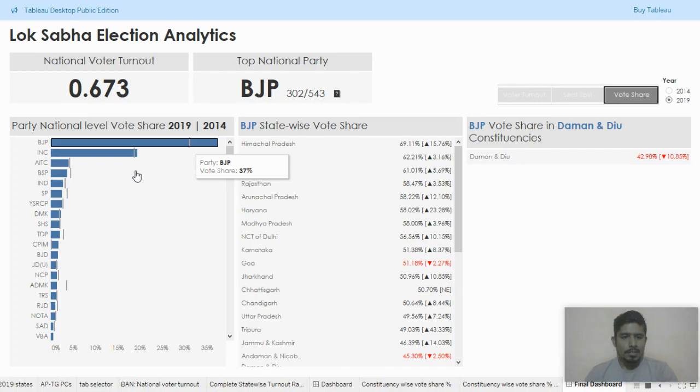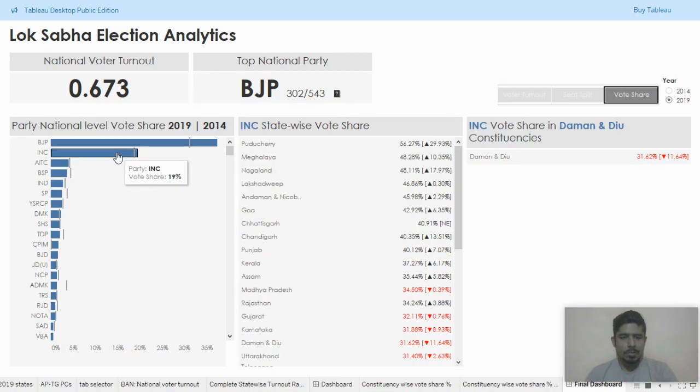And in 2019, INC was able to secure 19% of the total votes of India. And earlier in 2014, INC was able to secure 18.5 percentage of the total votes of India.